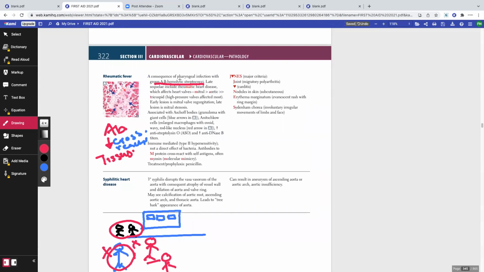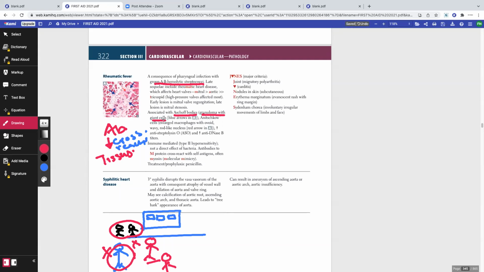Okay, so that's that. It's a consequence of infection where we have formation of antibodies against the group A beta hemolytic streptococci. And these antibodies have a tendency of forming some pathological bodies called Aschoff bodies. What are Aschoff bodies?